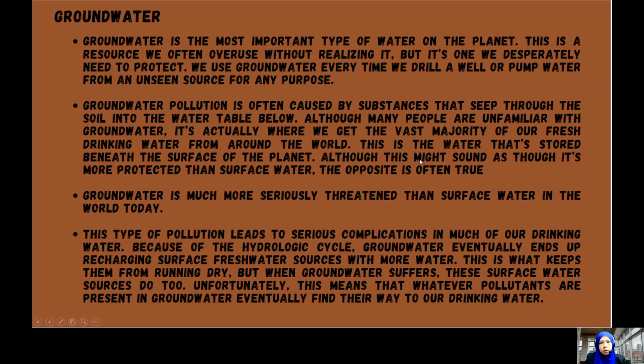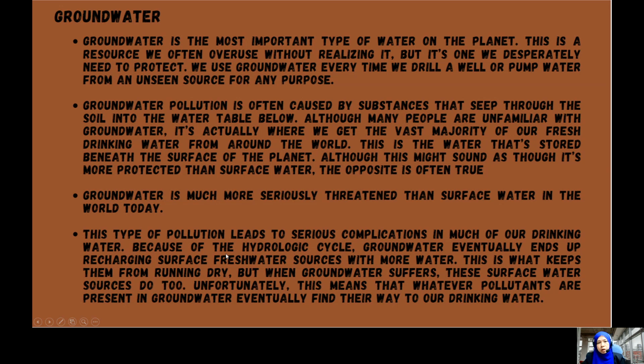Although it might sound as if it is more protected than surface water, the opposite is often true. Groundwater is much more seriously threatened than surface water in the world today. This type of pollution leads to serious contamination in much of our drinking water.